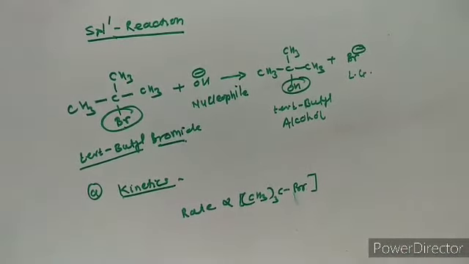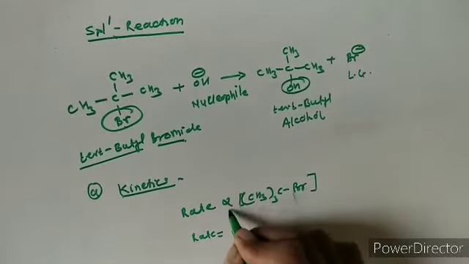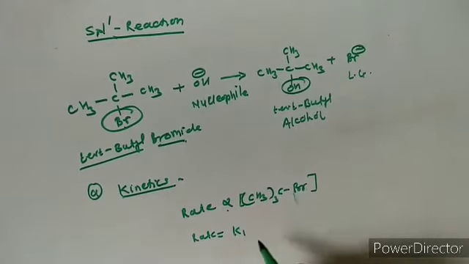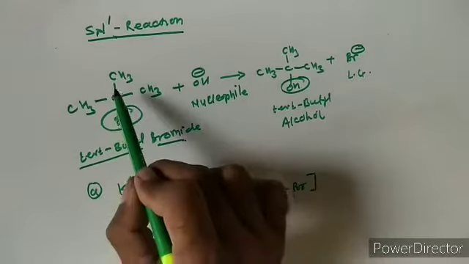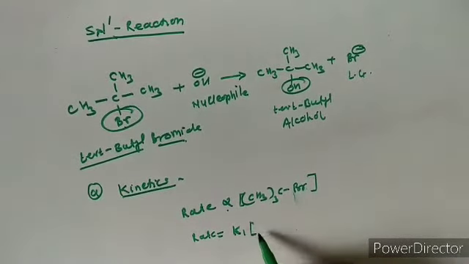If we remove the proportionality sign, we have to put a proportionality constant, that is K1. Why K1 here? Because we study the SN1 reaction, so here we use 1. In an SN2 reaction we use 2.